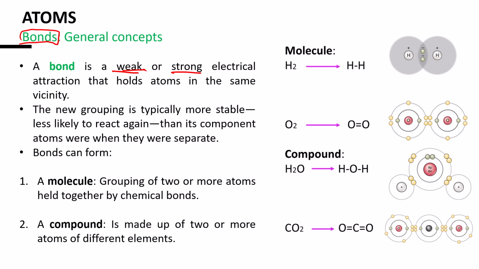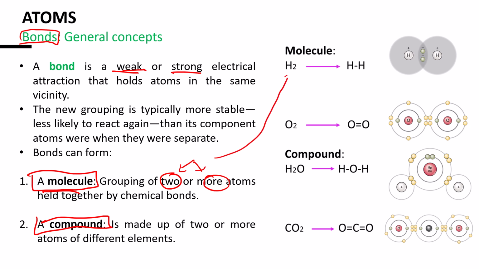If we look at this, also the difference between a molecule and a compound is what we can see here. A molecule is when you have 2 or more atoms held together by chemical bonds. Most of the time, these atoms are going to be of the same kind. Like if you look, this molecule of hydrogen or this molecule of oxygen, they're molecules because what you have there is 2 atoms of oxygen together.